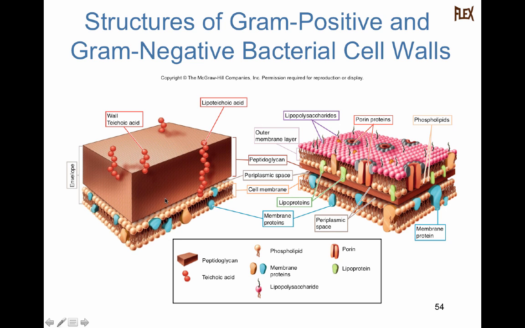So again, we're going to call this thick brown layer here peptidoglycan. We're going to call this a cell membrane, and we're going to say that teichoic acids are found in gram-positive cell walls. For gram-negative, you can tell right away because there's no thick layer here. It's thin, right? Thin peptidoglycan, two cell membranes, and don't forget the porin proteins and the LPS that could release that toxin. All right?